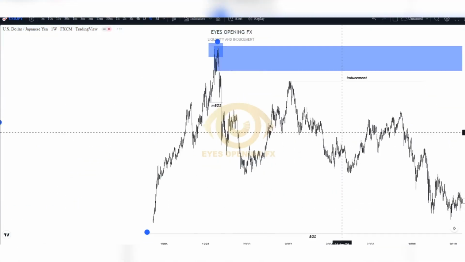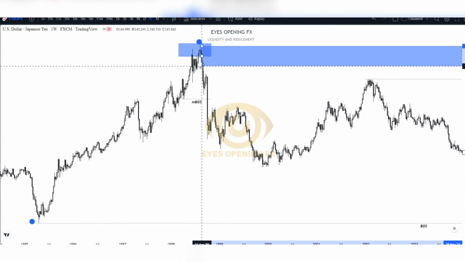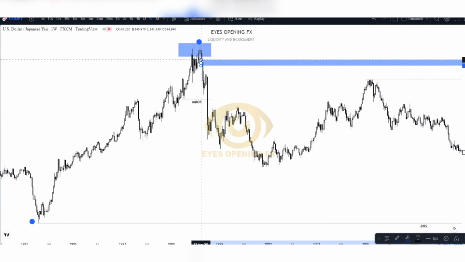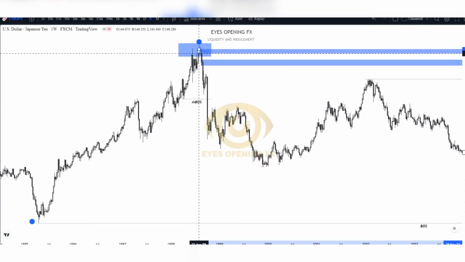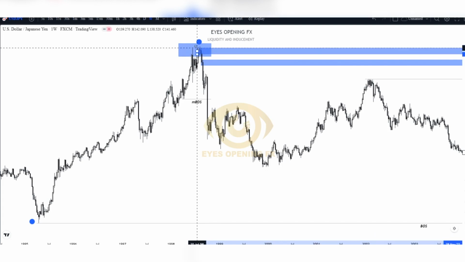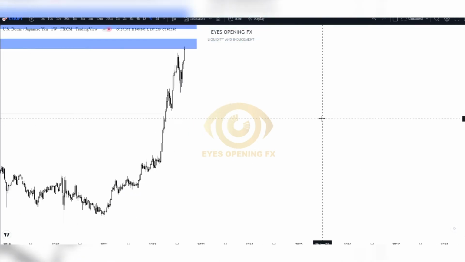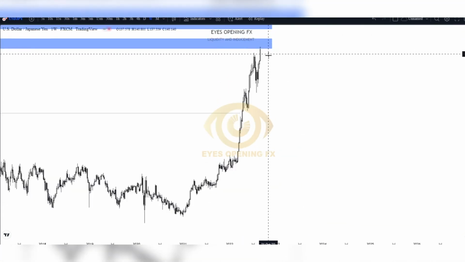If I would want to refine that particular POI, I would refine it in two areas, just like this right here and this particular area as my POI. So this will be my refinement on those POI where we'll expect a bearish continuation, and market has already traded into one.